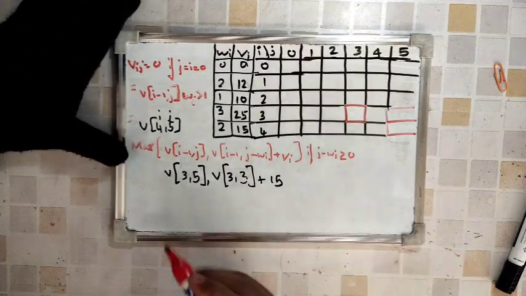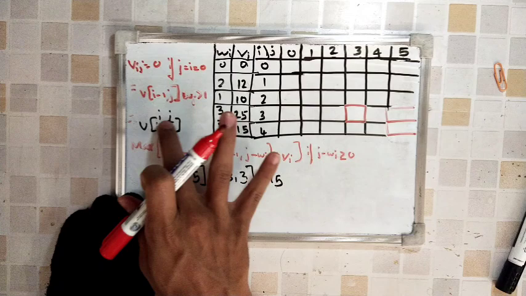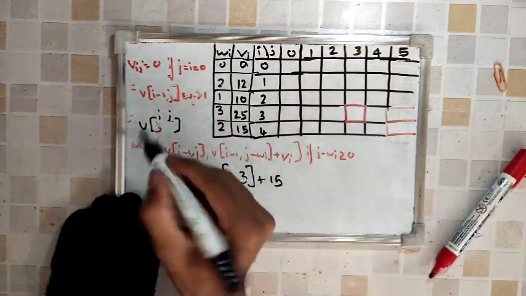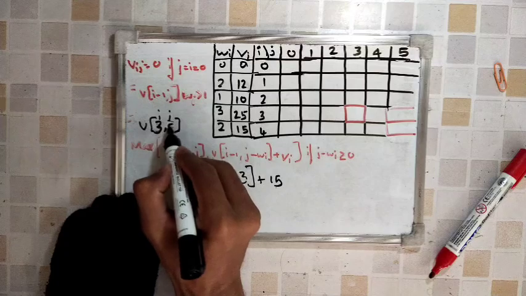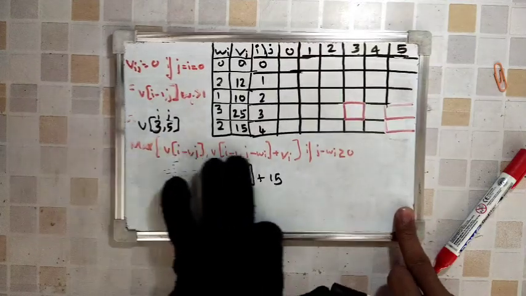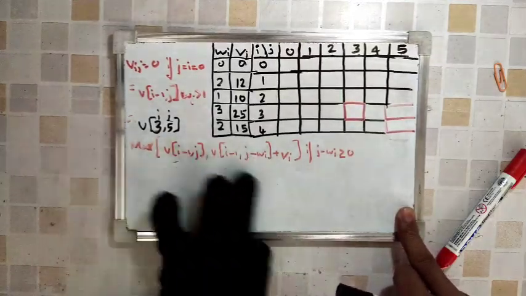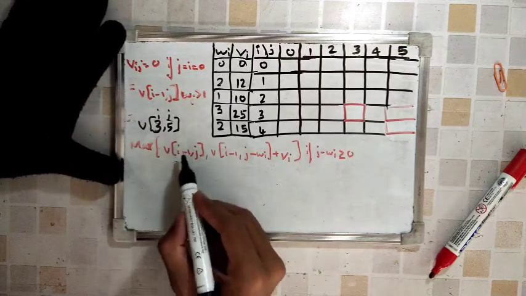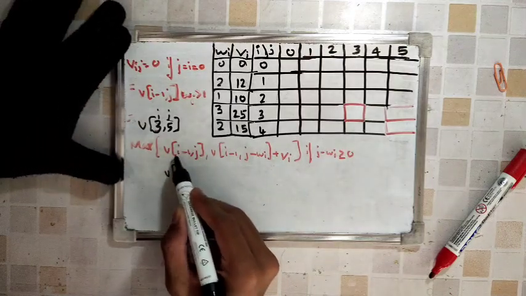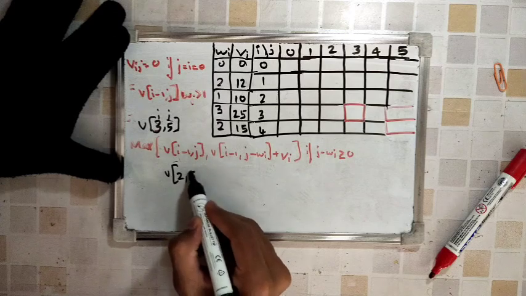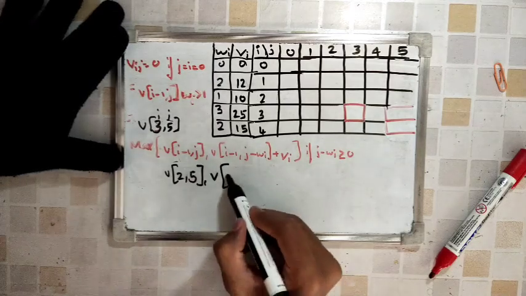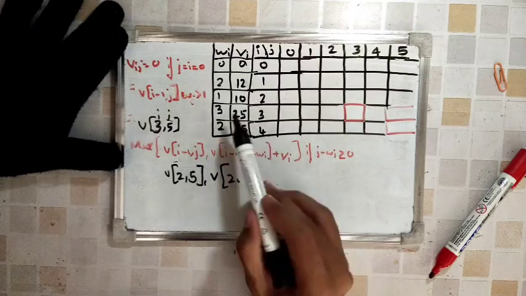Instead of 4 5, I am taking 3 5. I'll erase this because I need space to write. So 3 5: i minus 1, v of i minus 1, so 3 minus 1 is 2, comma 5 itself, or else i minus 1 is 2, comma j minus wi, so 5 minus 3.